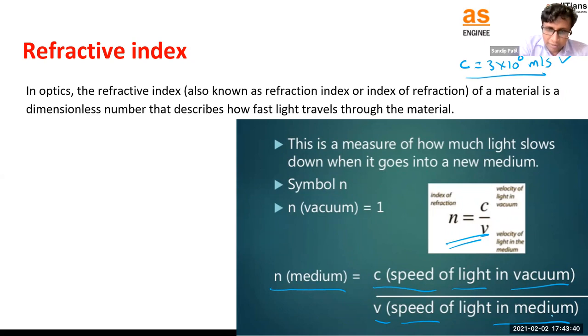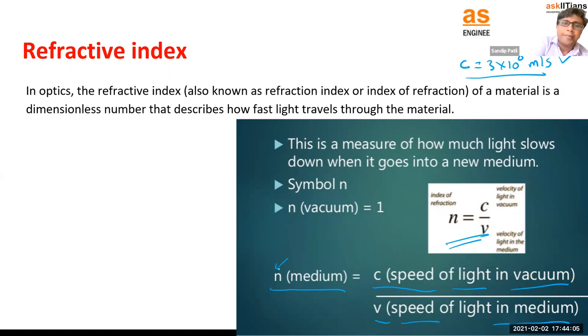Obviously it is different for different media. For water it is different, for glass it is different. So again, refractive index is speed of light in vacuum divided by speed of light in medium. Simple.